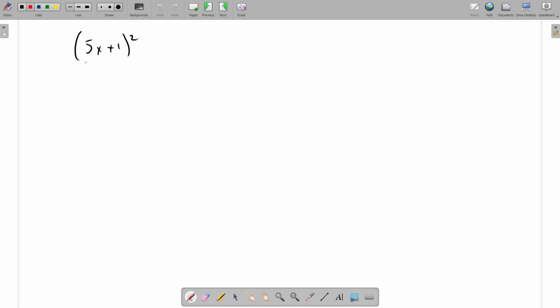So the first example, 5x plus 1 squared. You could absolutely rewrite this as 5x plus 1 times 5x plus 1, and then FOIL it. You could use the box method from episode 3.